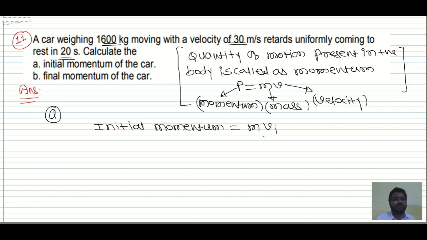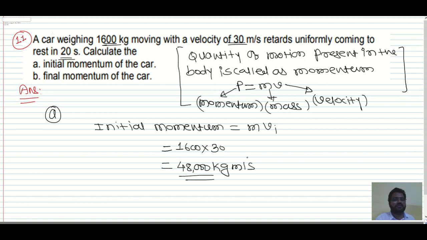Whenever initial momentum is asked, you have to take mass into initial velocity. So it is equal to mass, which is 1600 kg, into initial velocity, which is 30 meter per second. If you multiply this, you get 48,000 kg meter per second.